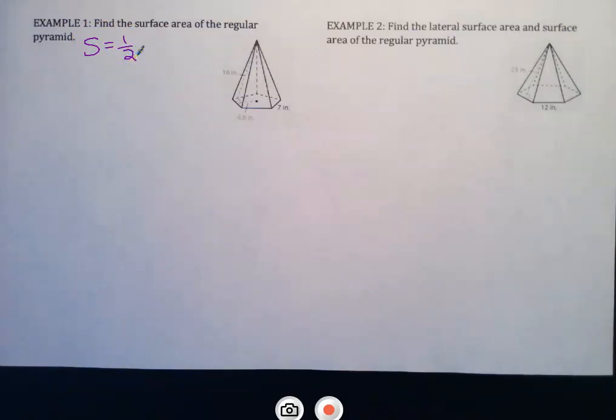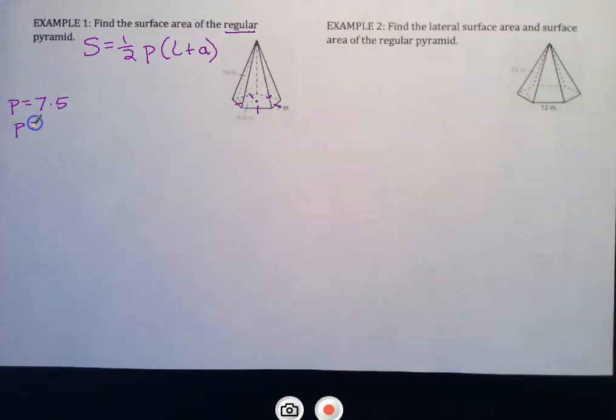Okay, so if we use it directly from there, 1/2 PL plus A. All right, so we need to find our perimeter. We know that it's a regular pyramid. What does regular mean? All sides are equal. Good. Okay, so how long is each side? 7 inches. How many are there? 5.